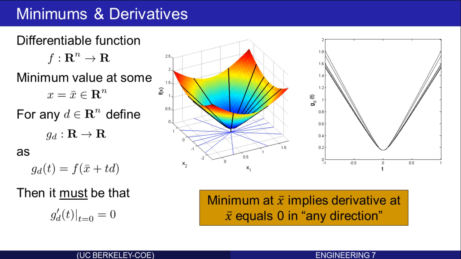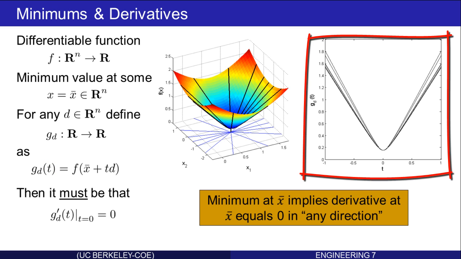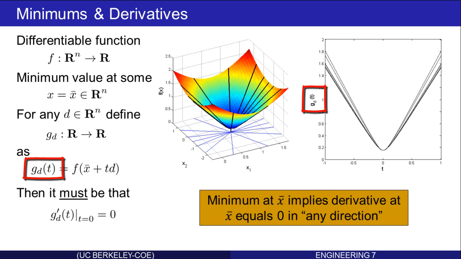As a function only of t, the parameter that's moving us along those blue lines, the graph of the functions are shown on the left. That really is g_d of t versus t. Notice that since the function is at a minimum at x bar, the one-dimensional slices all have a slope of 0 at t equals 0 over here. That's precisely what the math says.